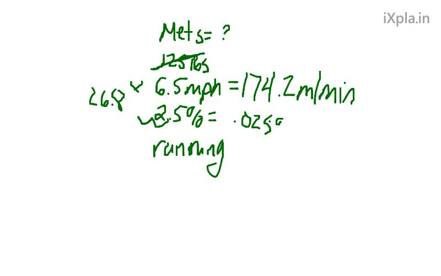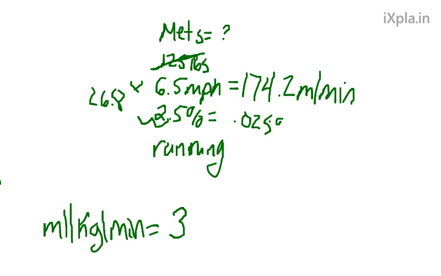Now the equation for running. All the metabolic equations solve for VO2, relative VO2. The running equation is 3.5 plus meters per minute multiplied by 0.2. That's why you need to get meters per minute.